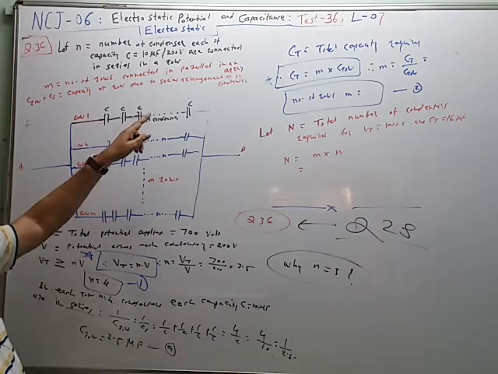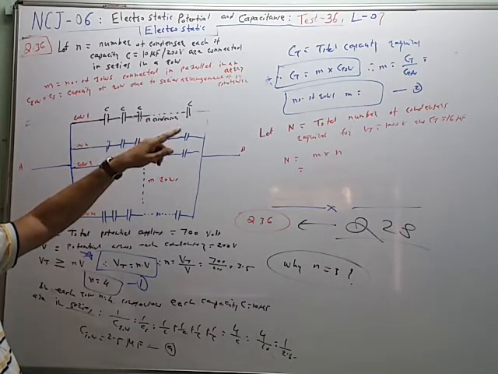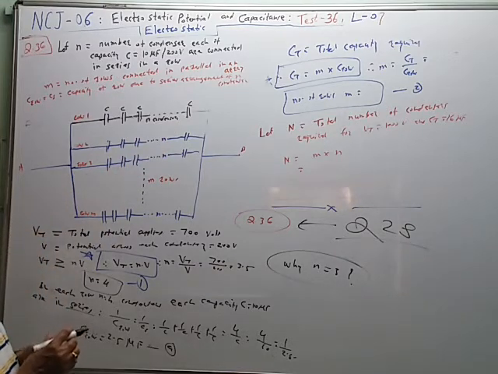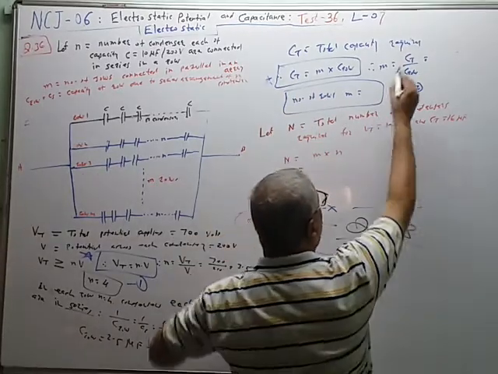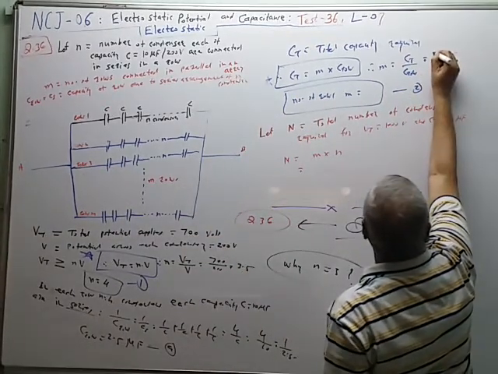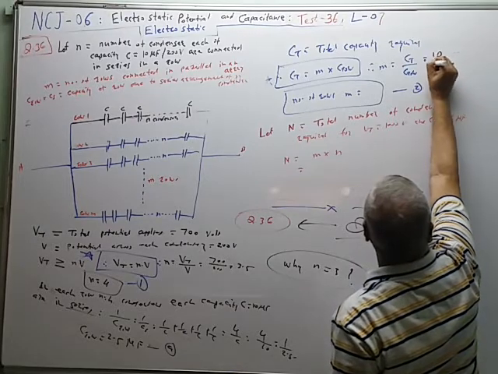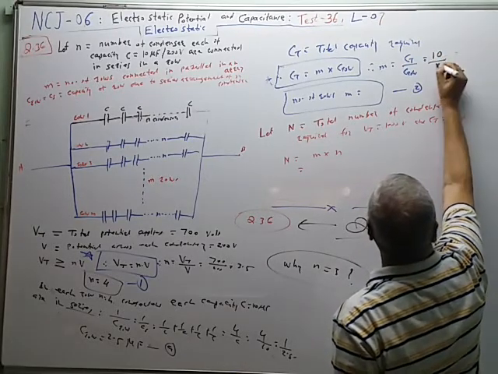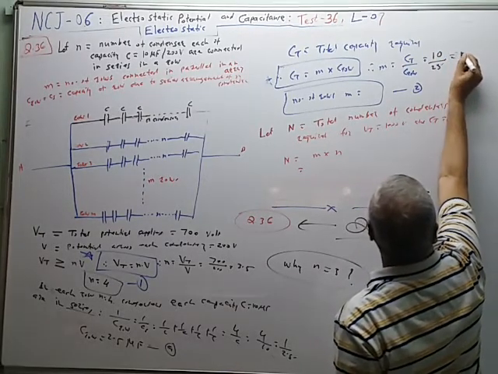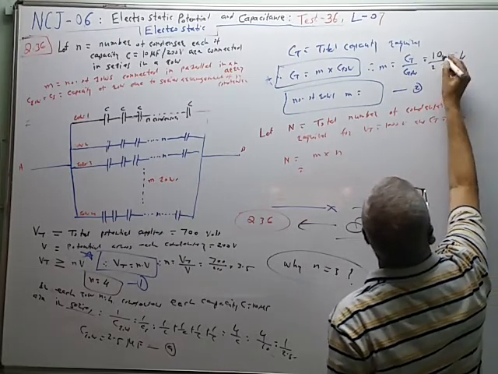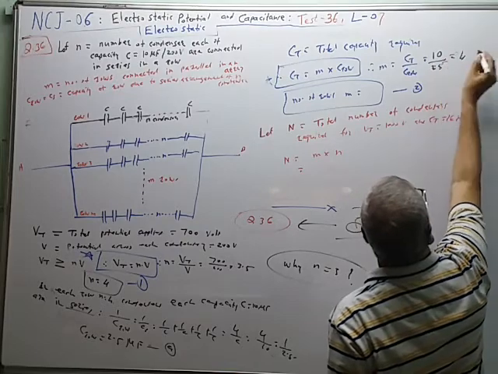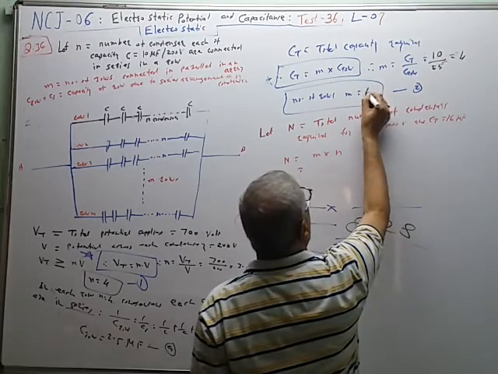So Ct is the total capacity required. So total capacity required is equal to 10 microfarad, and there are M rows. So M is equal to Ct upon C row. So this is equal to total capacity required of the series parallel combination, 10 microfarad, divided by 2.5, and therefore M is equal to 4.